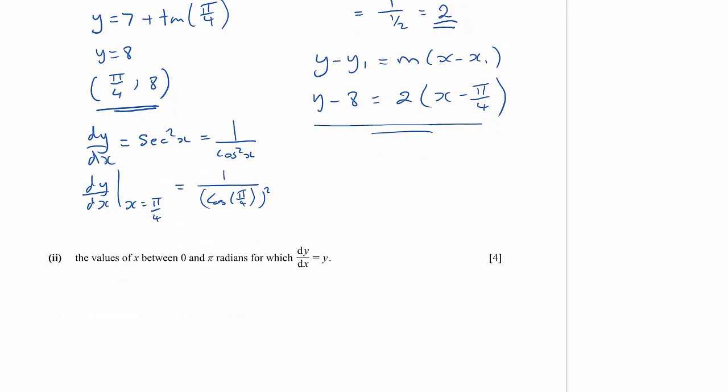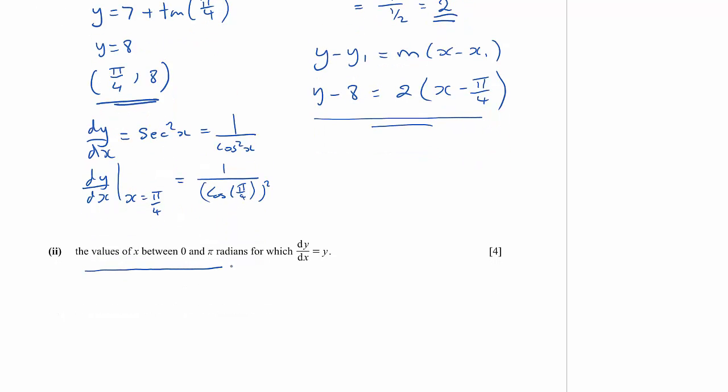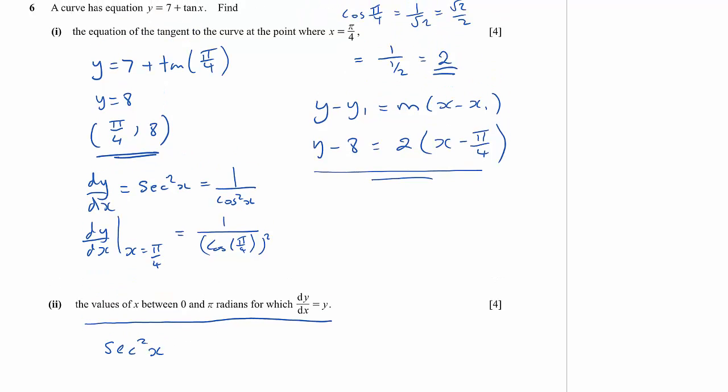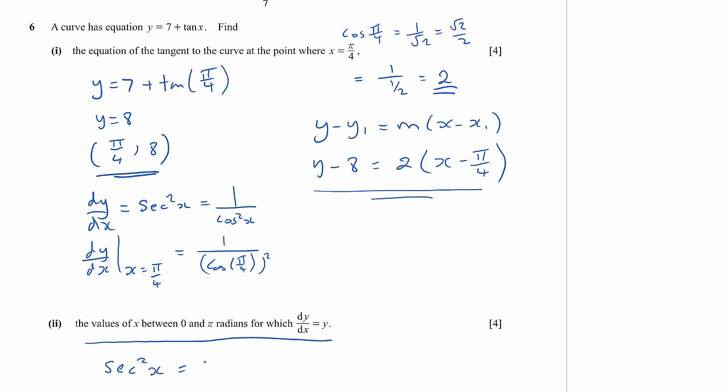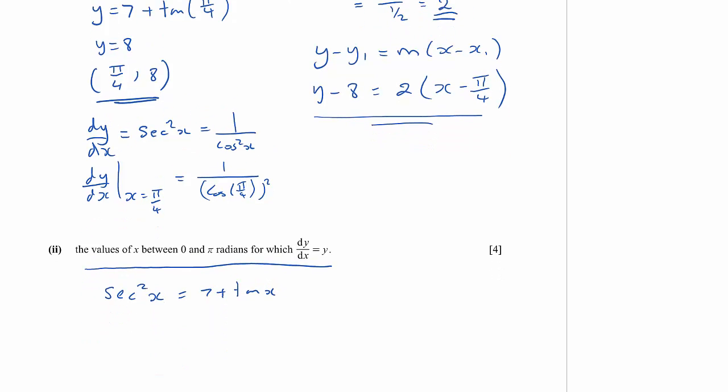So we now want the values of x between 0 and pi radians for which dy dx is equal to y. So in other words, we want where sec squared x, which is dy dx, is equal to 7 plus tan x. Now this looks like a quadratic, but not quite, because we have a sec and we have a tan.